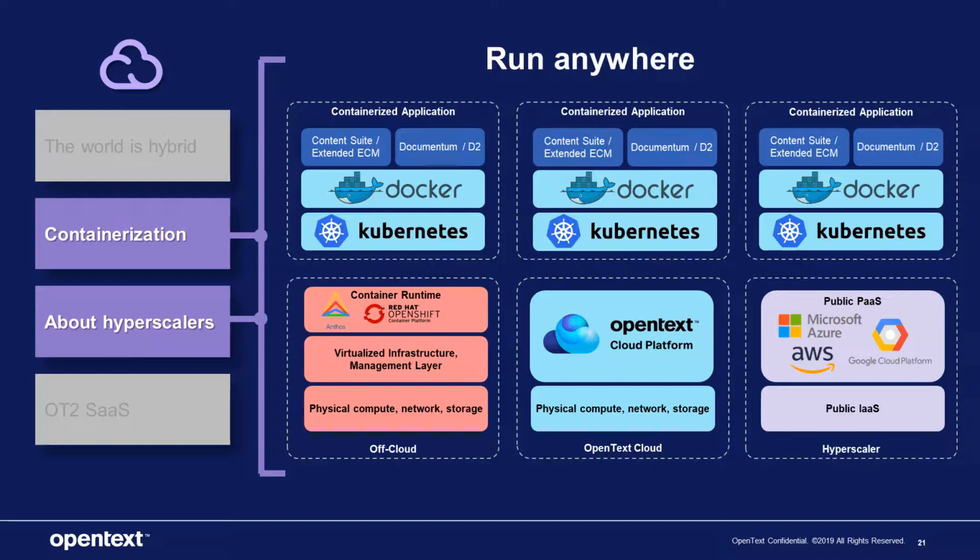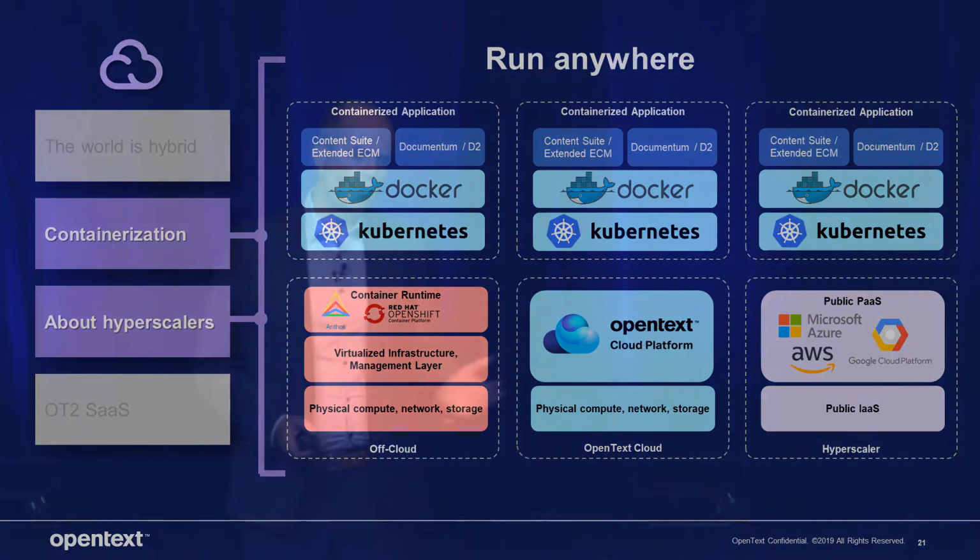If you have a container runtime there with Kubernetes or using Google Anthos or Red Hat OpenShift, you can certainly also run the same workload there, and you can even shift the workloads. And last but not least, you can do the same thing also with the hyperscalers. This is a new way to deploy software, gives lots of flexibility to move workloads, and it is really a game changer. So you have to look at it.